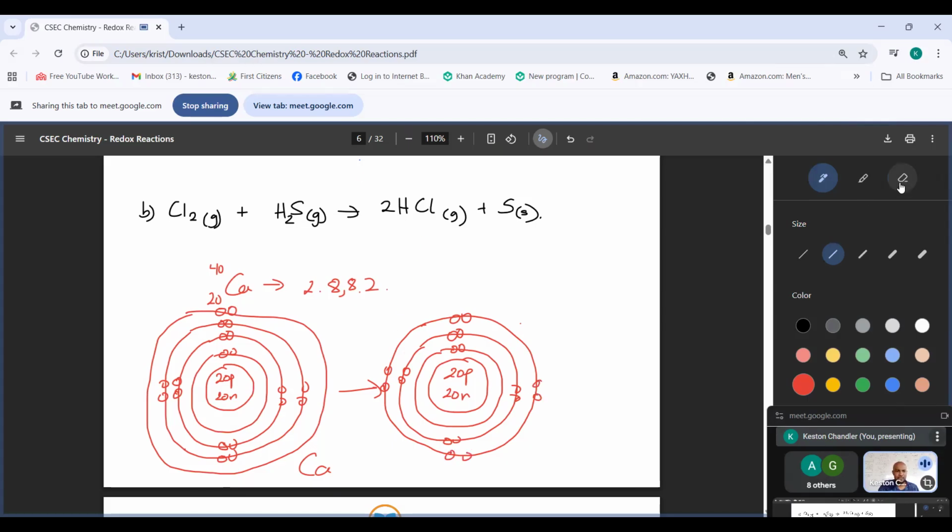What is happening to the calcium here now is that you have 20 protons, which are positive, and only 18 electrons now.